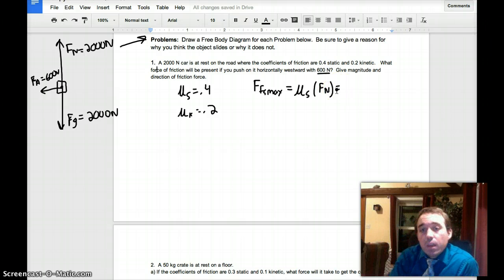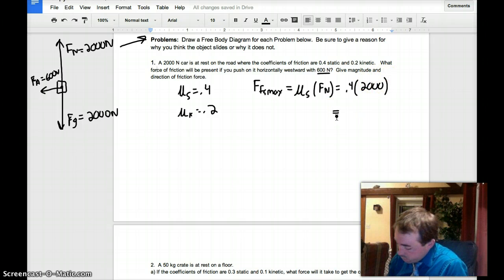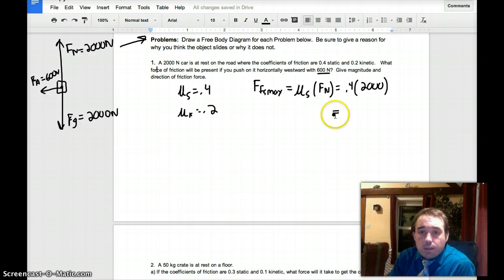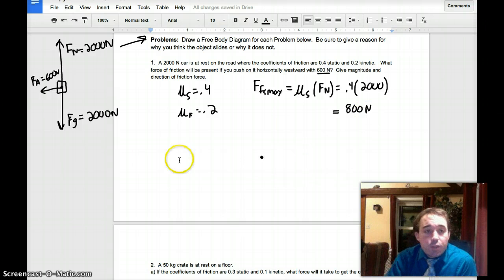So my static friction coefficient is 0.4 times my normal force, 2,000. So 0.4 times 2,000 is 800. The maximum of my static friction, it can push back a maximum of up to 800 newtons. So I'm pushing with 600.